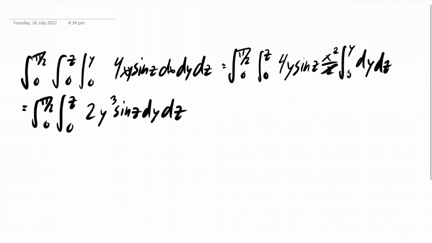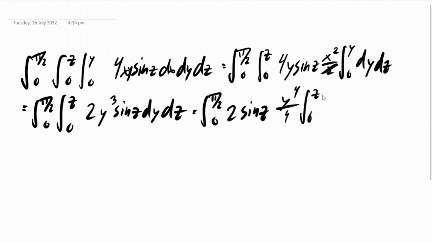Since x is substituted, multiply it to y here, it becomes y cubed. Next is the integral of pi over 2. Next is dy. So we will look for the integral of y raised to 4, that is 2 sine z, y raised to 4 over 4 with limits from 0 to z dz.